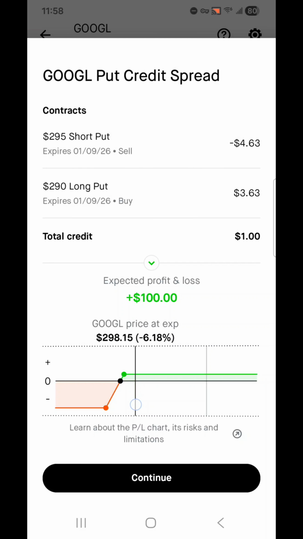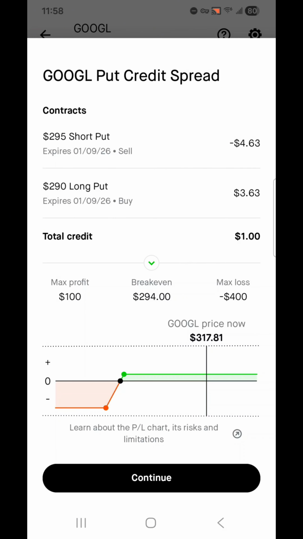It would have to dip below psychological number of $300. So I'm hoping that with around like a 4% chance of this actually dipping below that, and also giving Google a 7.5% drop in price, that seems like it would be enough to give us some time to adjust our position in case it moves against us.